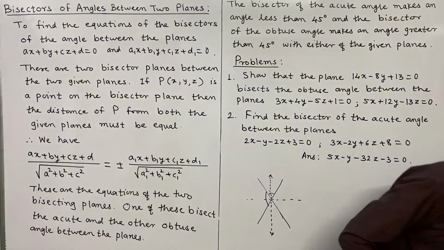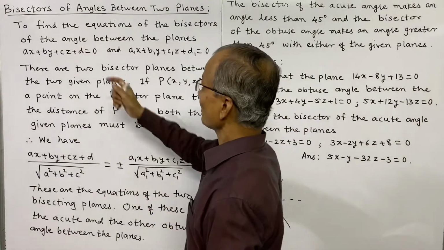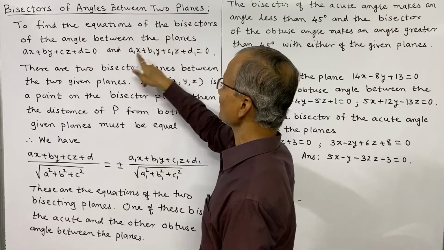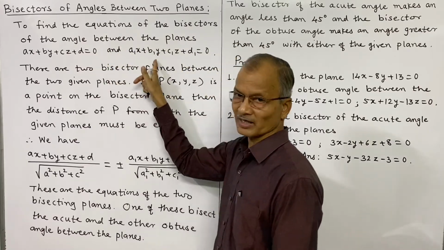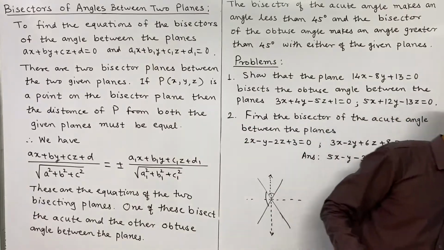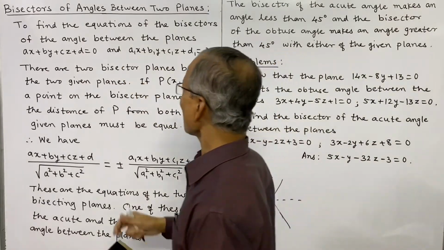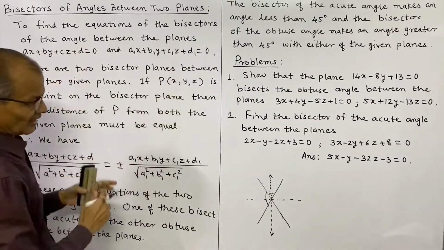So here what we have considered is to find the equations of the bisectors of the angle between these two planes. These are the two given planes, and we have to find out a third plane which bisects these two planes. Now there are two bisectors of planes, as we have seen.